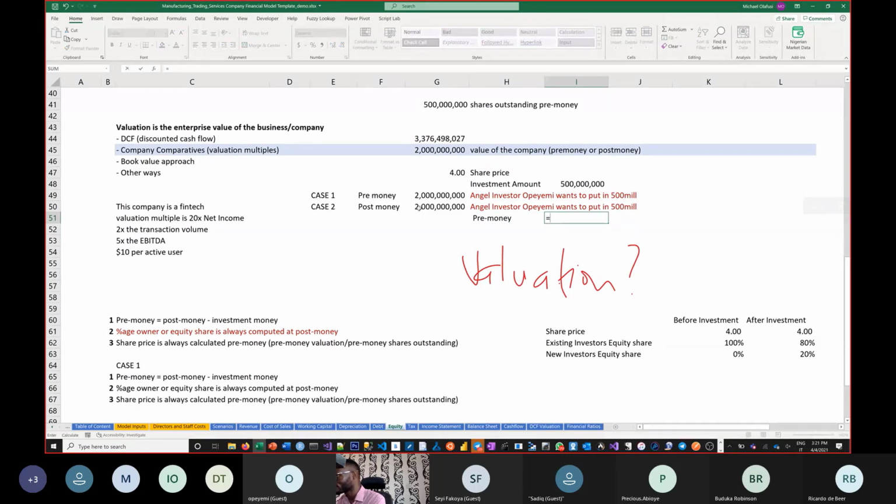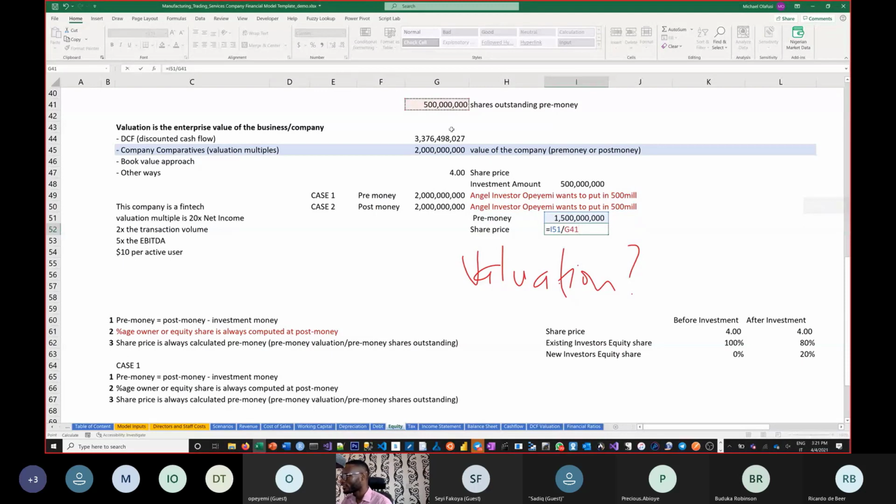So the pre-money is going to be equal to the 2 billion minus the investment amount. And then that is what the share price is going to be computed on. So the share price is going to be equal to this divided by the original shares outstanding before the money came in, the pre-money shares outstanding.